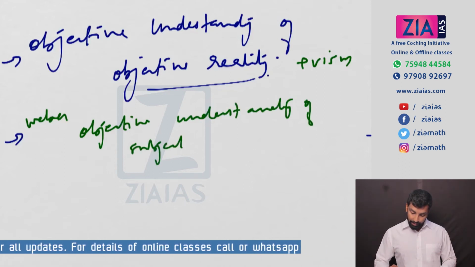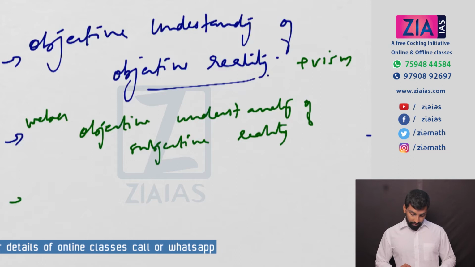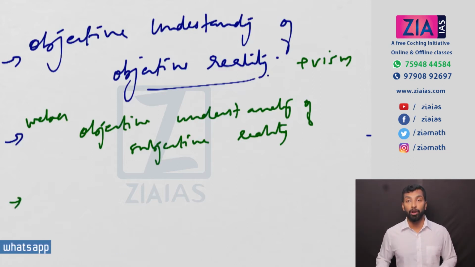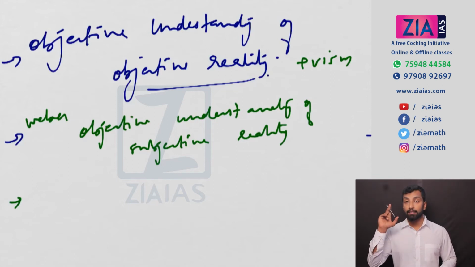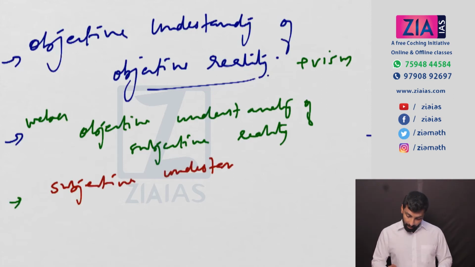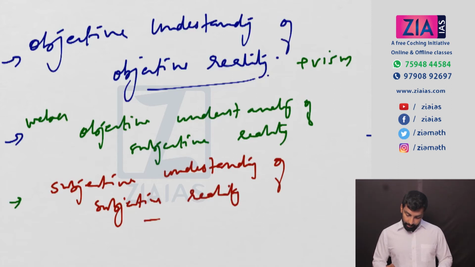Now when we go to non-positivism, phenomenology is the first pure non-positivist perspective. So you can see the subject matter is subjective and the method is also subjective. So you can write phenomenology or non-positivism as subjective understanding of subjective reality. Okay, subjective understanding of subjective reality.